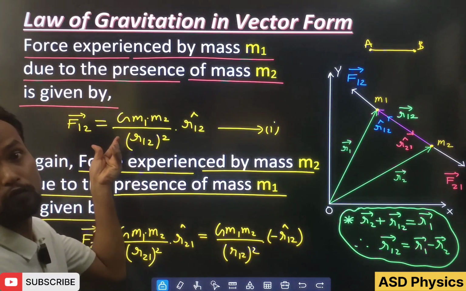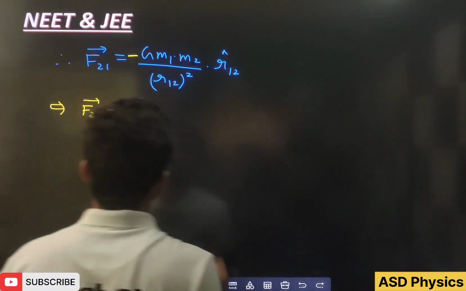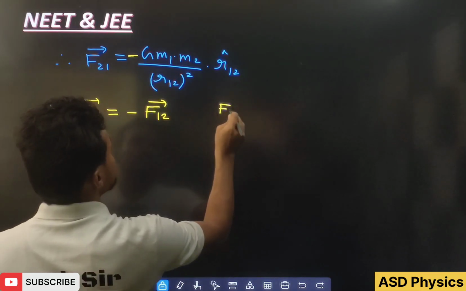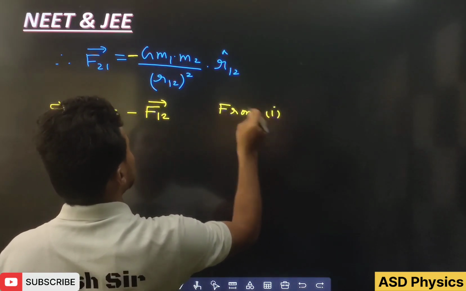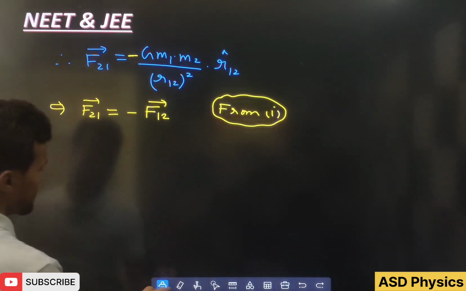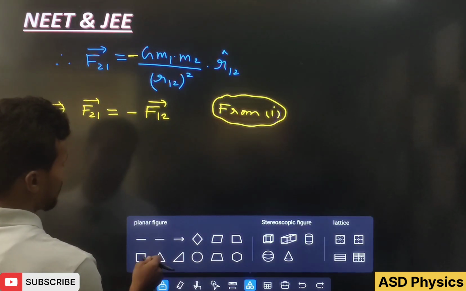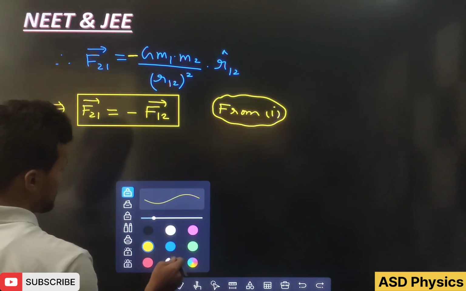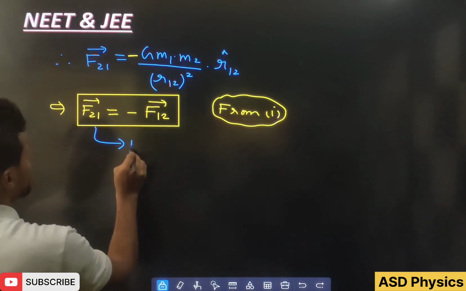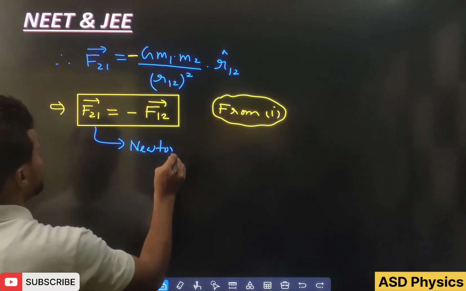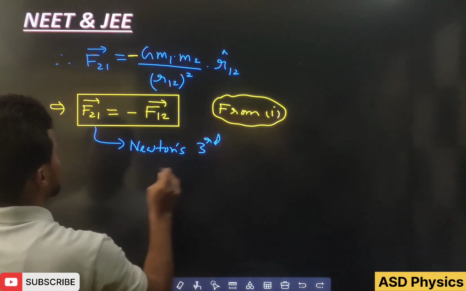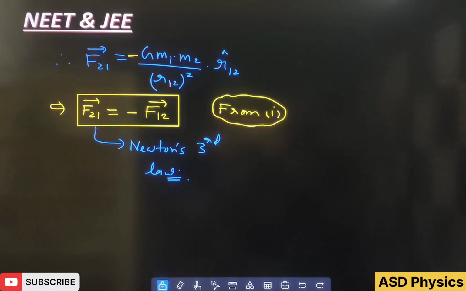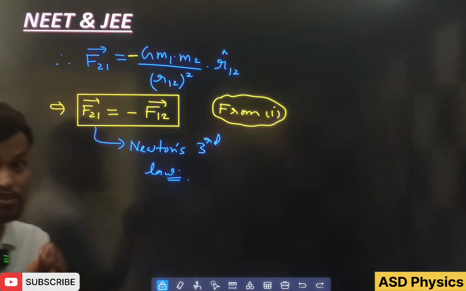This is the value of F12, from equation 1. So what is coming here? F21 is equal to minus of F12. You can see this is the vector form and it follows Newton's third law, as I have told you, action and reaction forces. So this is the vector form of the representation, very important.